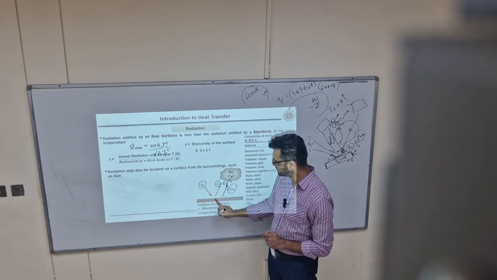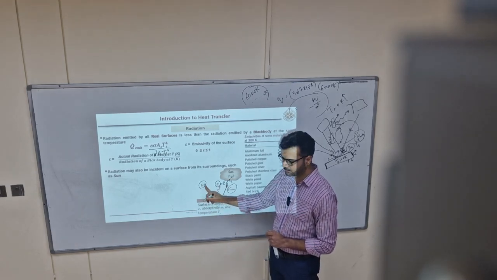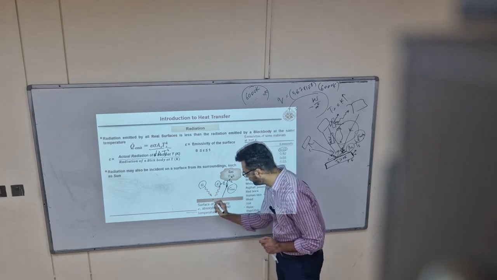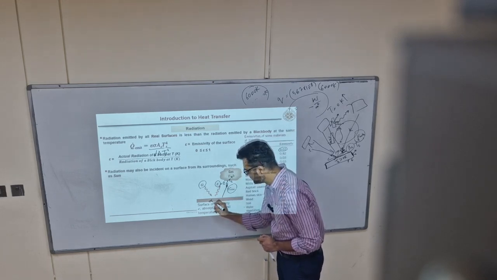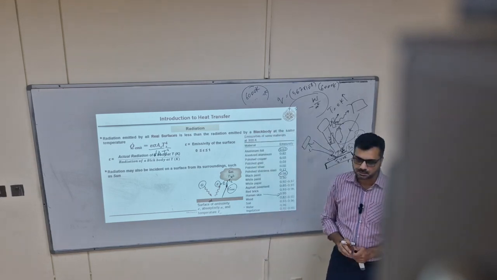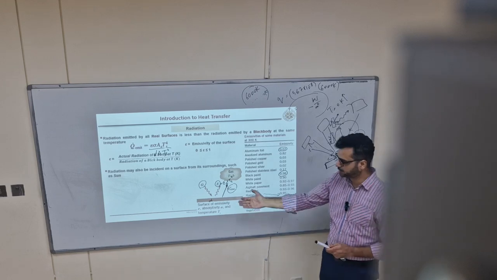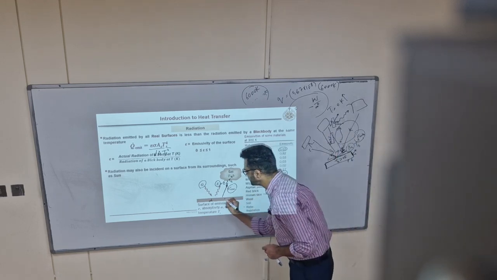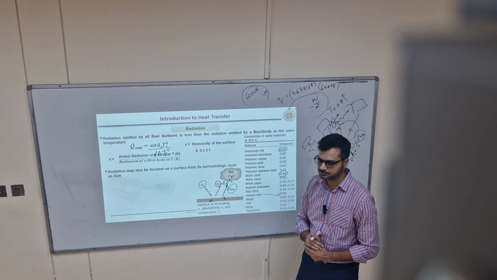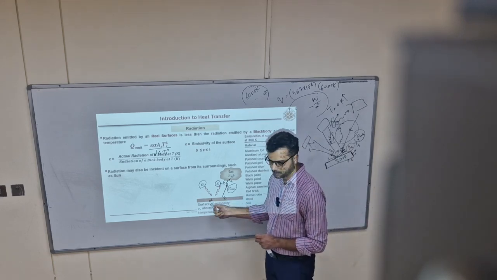So now what will this body do with this one? If it is opaque, then some of it will be absorbed. So we use the term absorption, or absorptance, or absorptivity of that body. So every body has emittance and it also has absorptance.